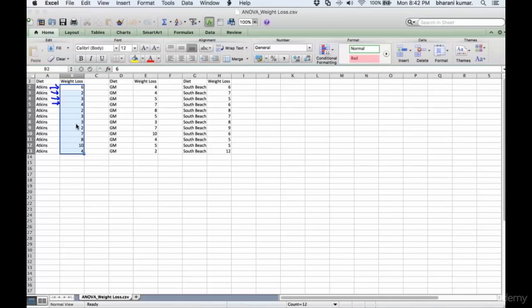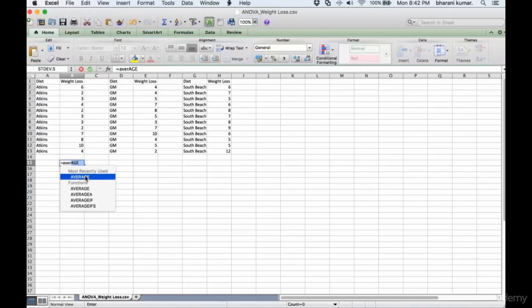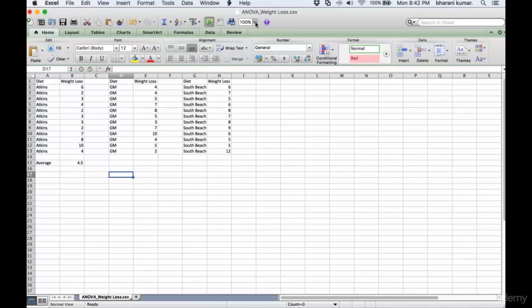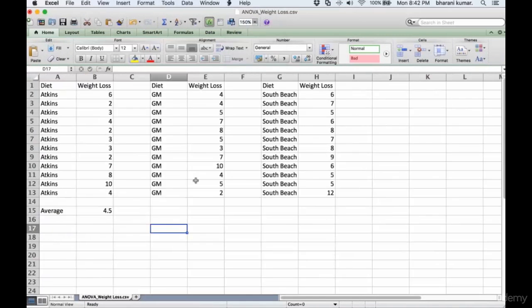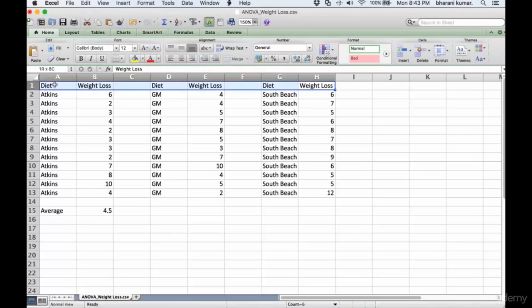When you look at the average weight loss of these people, the average happens to be 4.5 kgs. So the average weight loss of people who are assigned to Atkins diet program is 4.5 kgs.